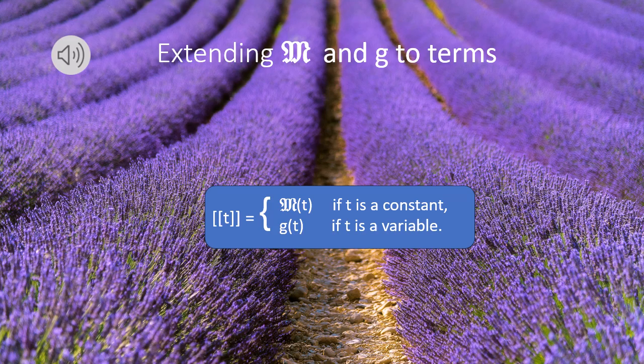And so we can combine the two of them together into a single notation here. If you have a term T, you can put two brackets around it like we have here to denote M of T if T is a constant, and G of T if T is a variable.